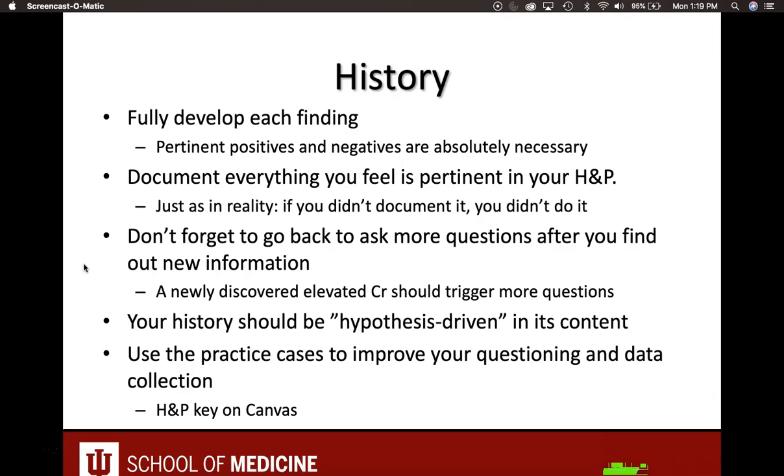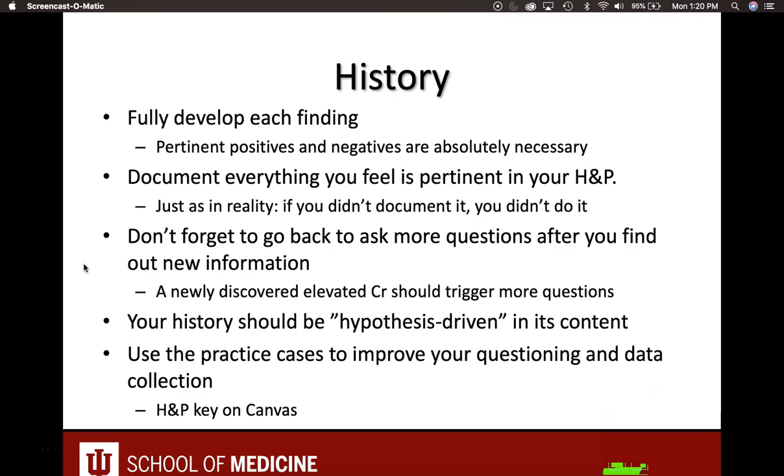Your history should be hypothesis-driven in its content. In other words, if you're seeing a patient that presents with confusion and fever, and you find out later that the patient has an elevated creatinine on lab testing, you should return to the beginning of the case and ask further questions regarding that elevated creatinine, such as, have you been using nonsteroidal anti-inflammatories?